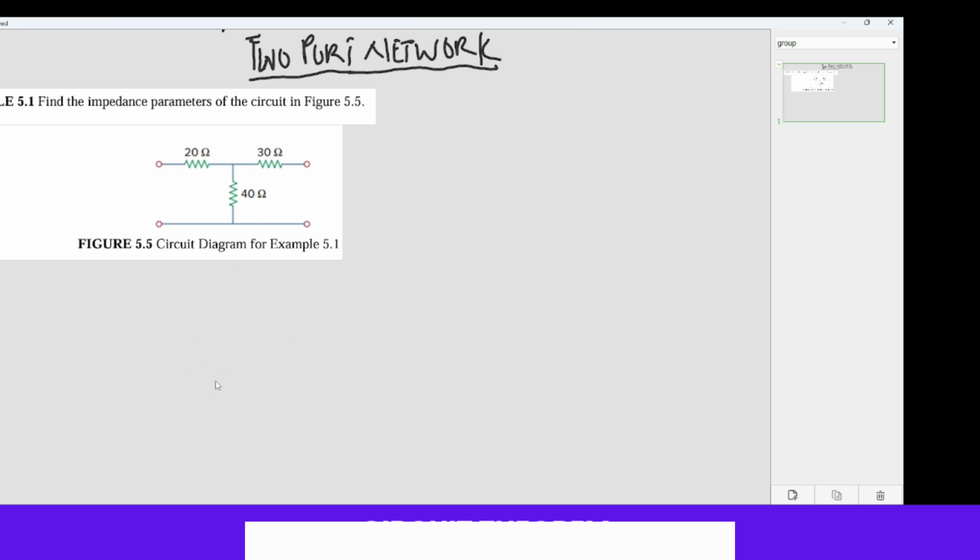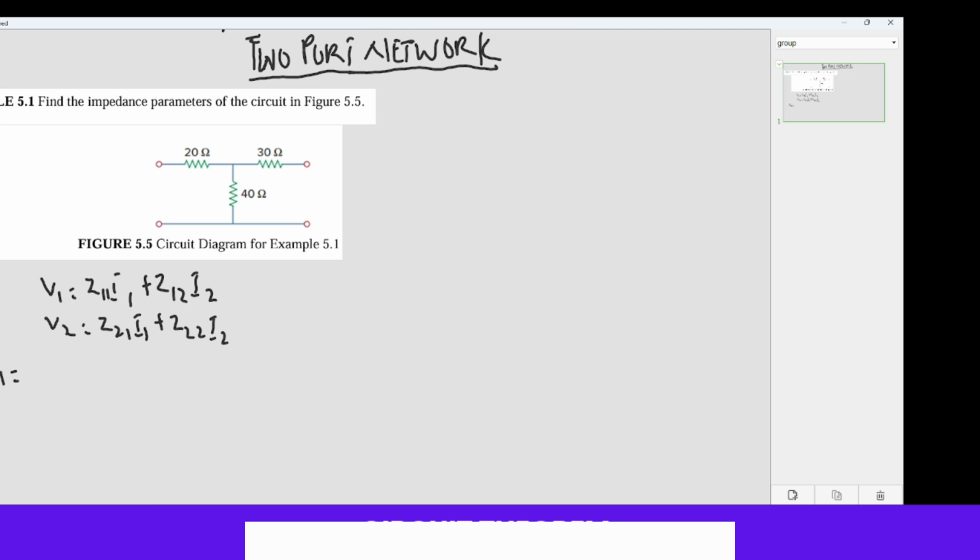So from what we just did, we realized that our general formulas are V1 equal to Z11 I1 plus Z12 I2, and V2 equal to Z21 I1 plus Z22 I2.